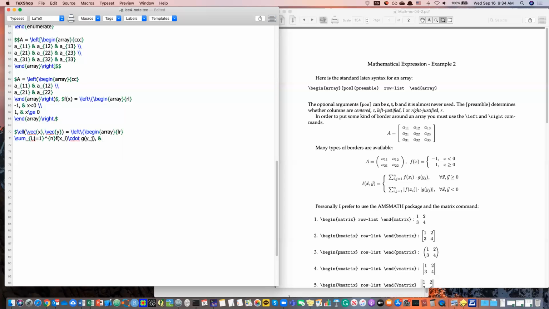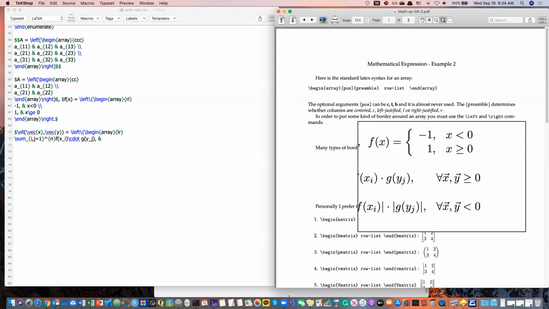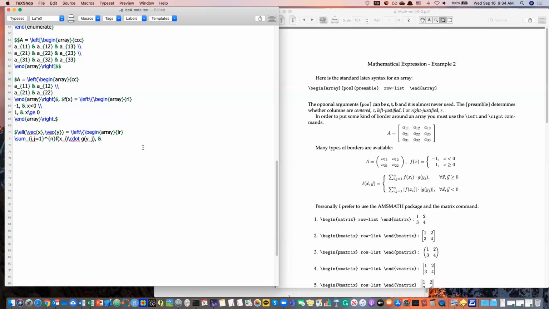So this is for any. Do you see that symbol? In mathematics it means for any, the letter A upside down. The command in LaTeX is forall. Then vector x comma vector y greater than or equal to 0.